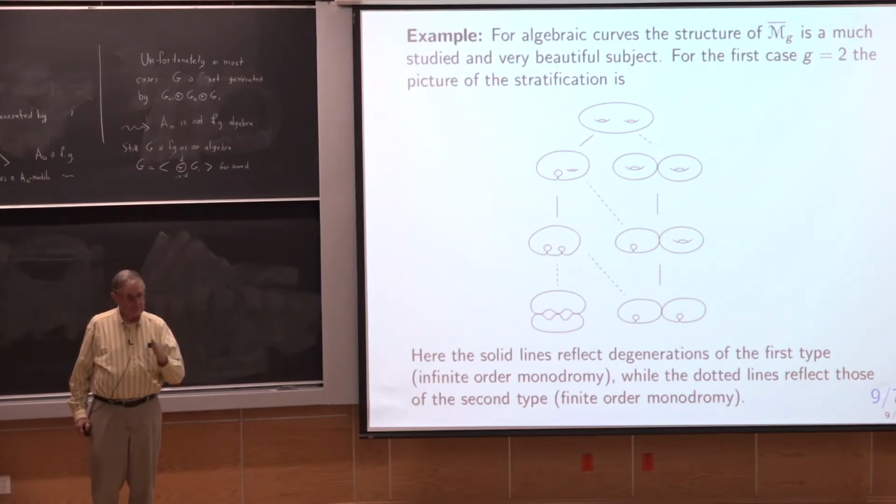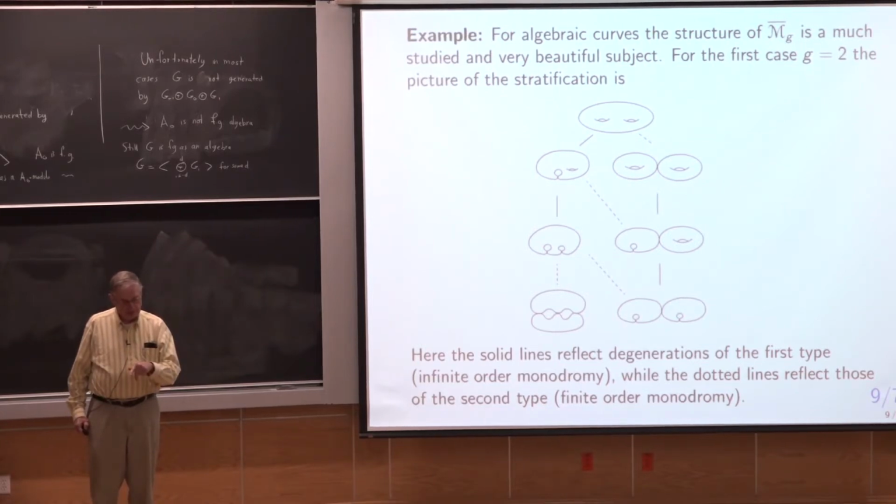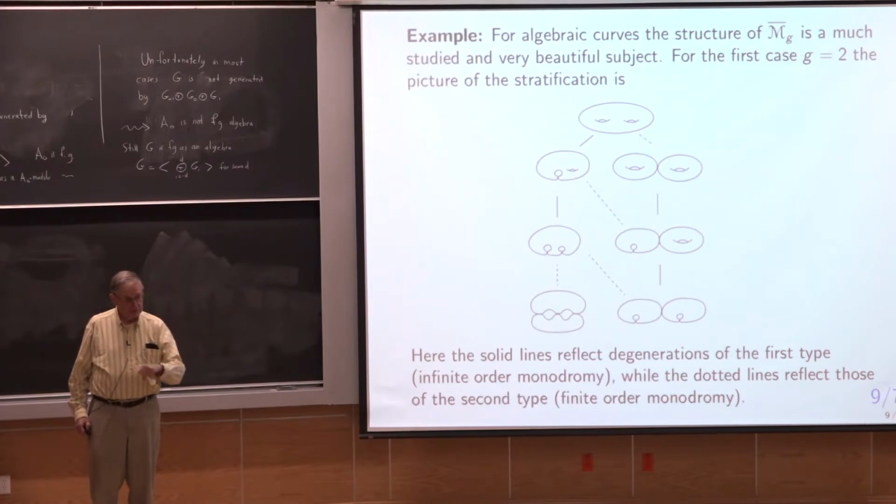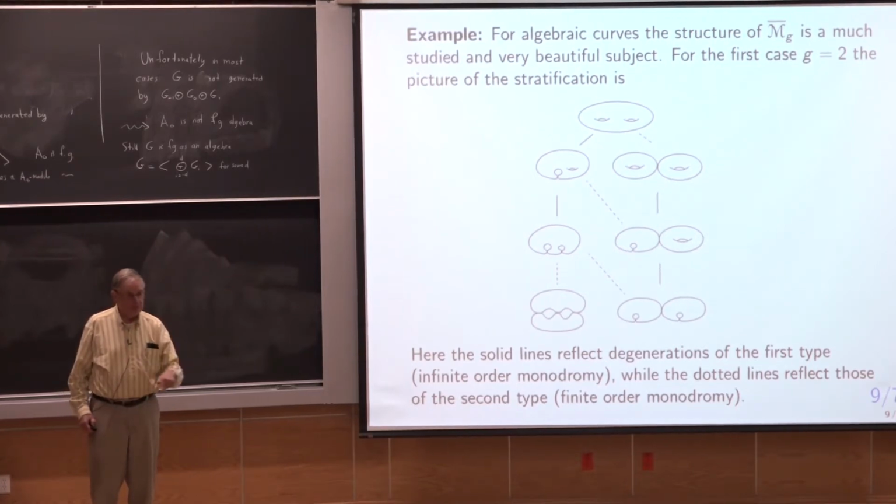Monodromy is the basic topological invariant. When a family of varieties becomes singular, you think of it as a family of varieties over the disk. Over the origin, you have a singular one. You look at the topology, how that changes when you turn around the origin.